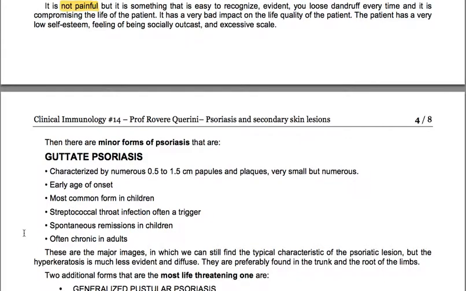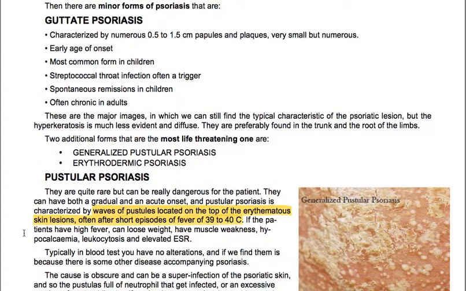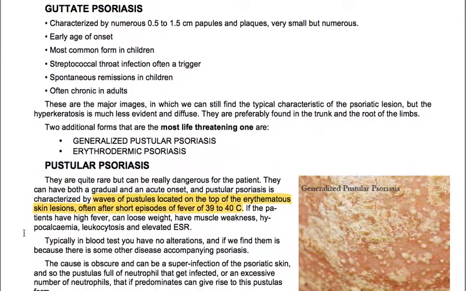Then there are minor forms of psoriasis, such as guttate psoriasis, which is characterized by numerous 0.5 to 1.5 centimeter papules and plaques, very small but numerous. We have an early age of onset, and it is the most common form in children. Streptococcal throat infection is often a trigger.